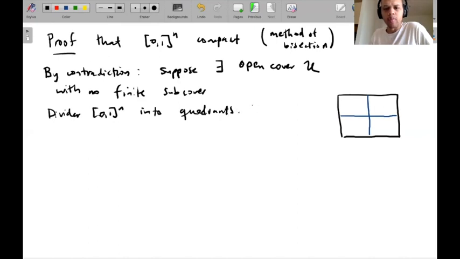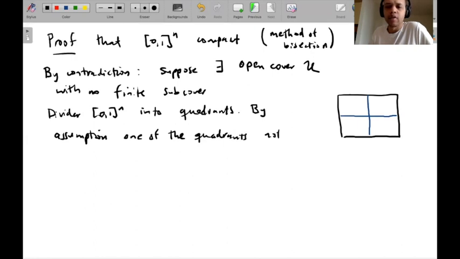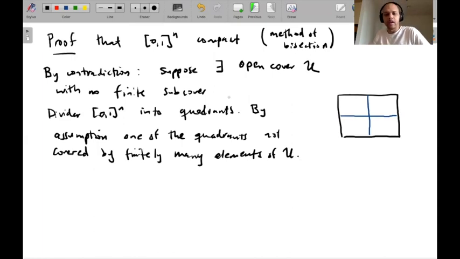So, by assumption, one of the quadrants is not covered by finitely many elements of script U. We're starting by assuming there's no finite collection of open sets in U that covers the whole cube.